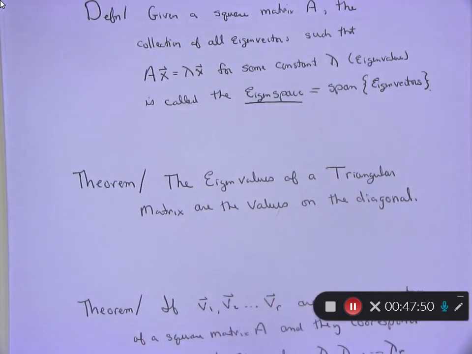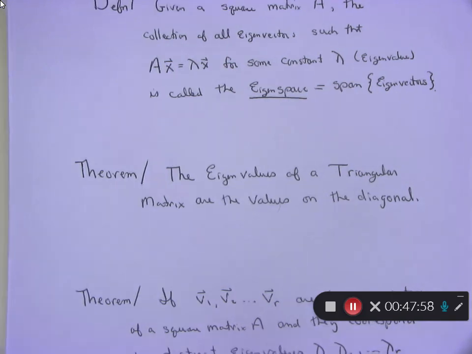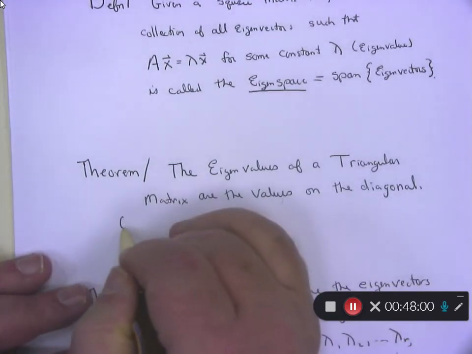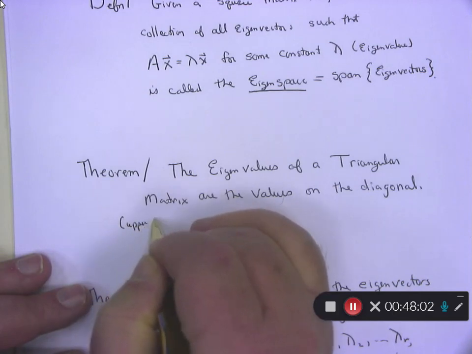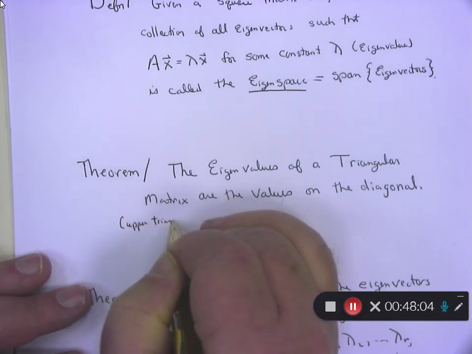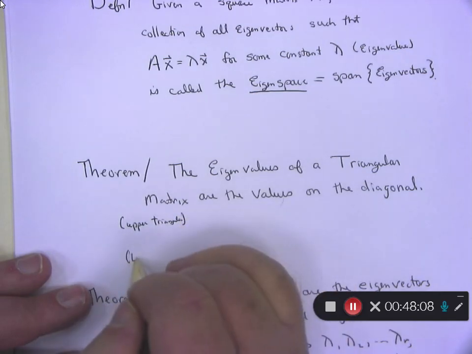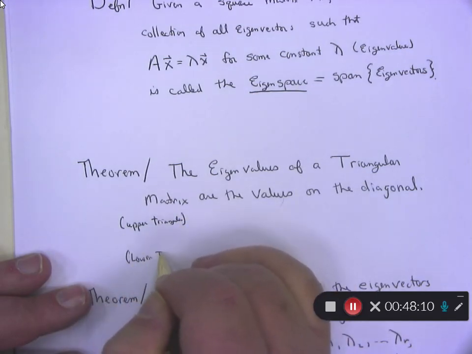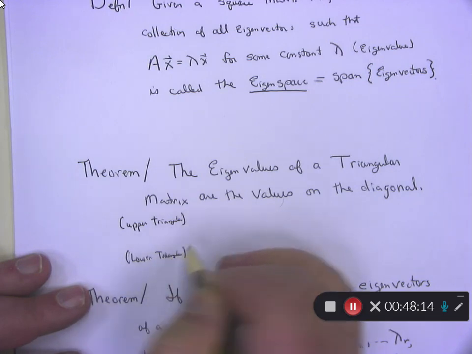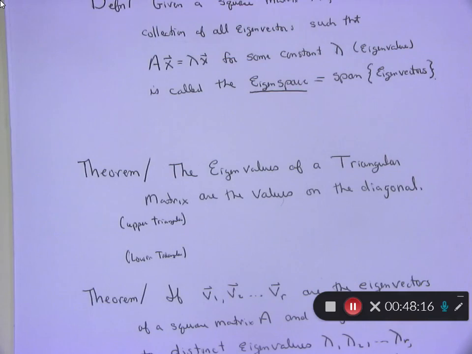We'll prove this later. But if you've got a triangular matrix, now help me out here. What's a triangular matrix? There are 2 types of triangular matrix. There is the upper triangular matrix, and there is a lower triangular matrix. Now, we did that stuff when we were playing around with the LU decomposition on a particular matrix.